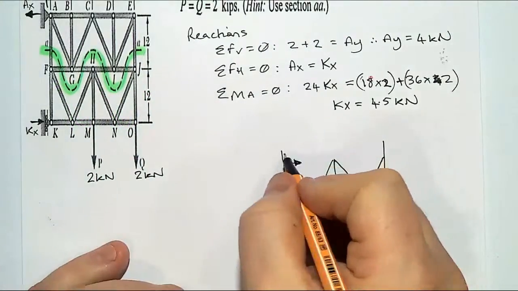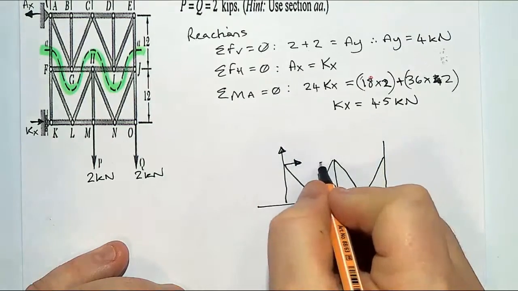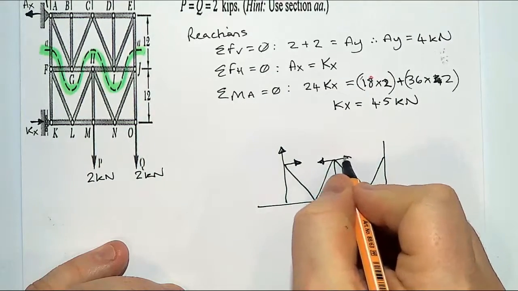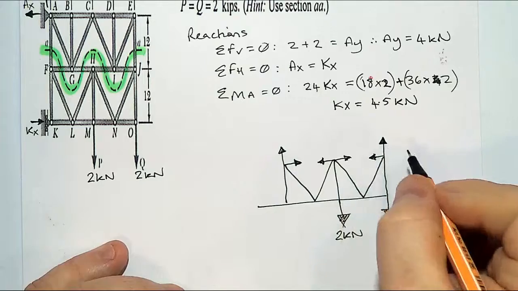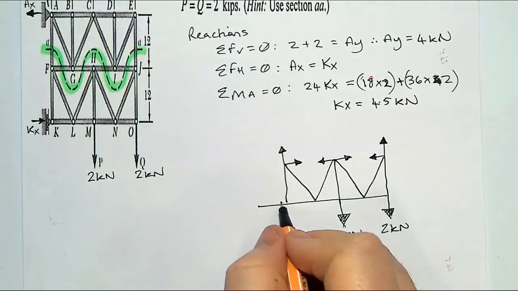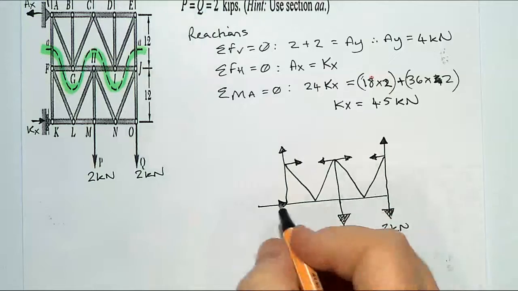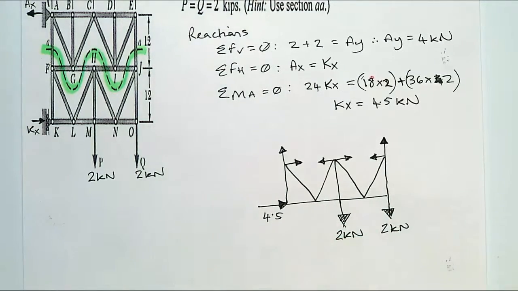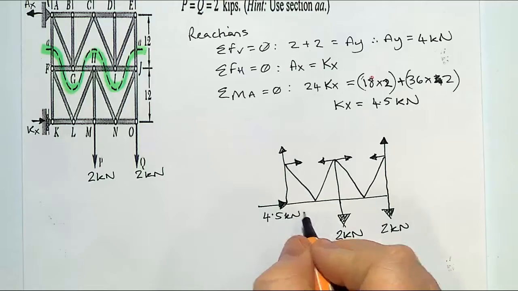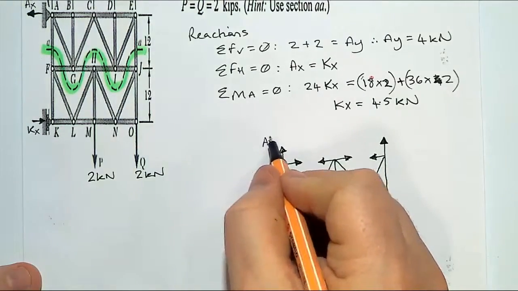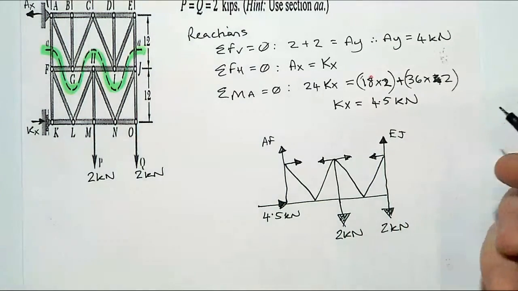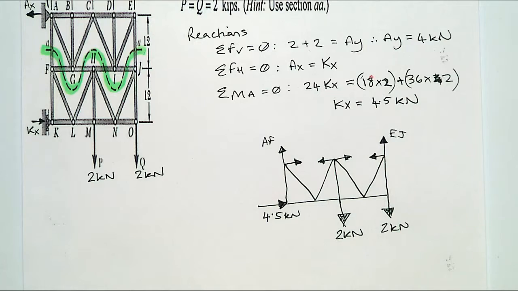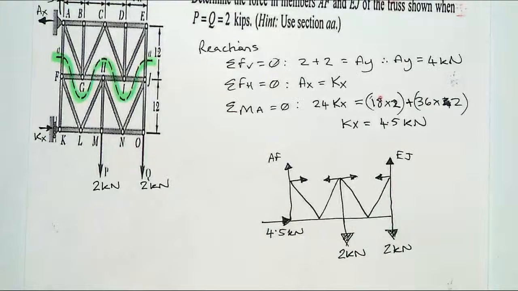By the time we cut through, you should be left with AF and AJ. This is the most awkward part of the question.